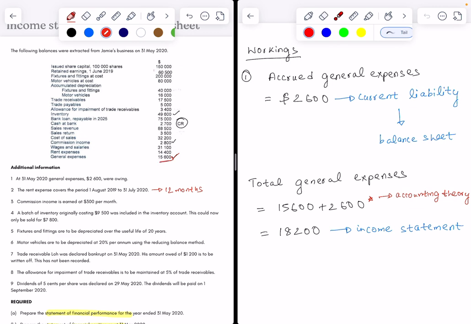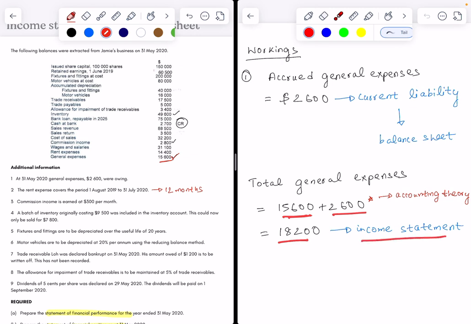But at the end of 31st of May 2020, based on additional information, we understand that we have got $2,600 more of general expenses accrued, which we have incurred and therefore need to record to find the total. Therefore, to calculate the total general expenses, you are simply adding $15,600, which is the original amount based on the list given in the question, plus an additional $2,600 altogether, which gives us $18,200, and this is the amount for total general expense which we will report in the income statement.